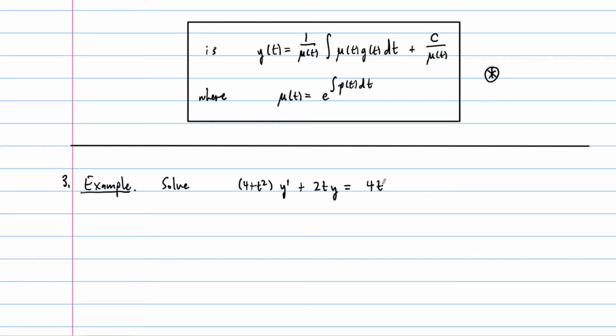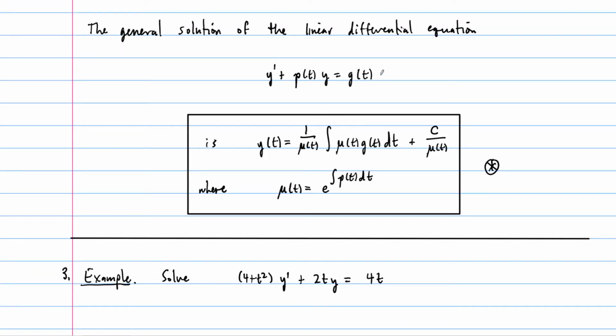All right, and so again, this lecture is on linear equations, so we would hope that this is linear. Based on our definition of linear from lecture 1, the classification lecture, it is linear because the y prime and the y are not mixed up in any functions themselves.